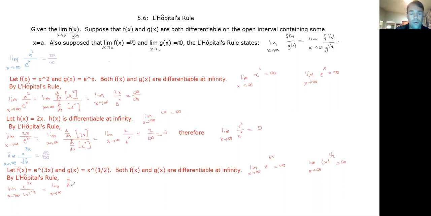You can kind of see why we couldn't learn L'Hopital's before. You kind of need to know your derivatives before you can actually do L'Hopital. So there's some of you guys are going, why didn't we just learn this at the beginning of the year? Well, you can't do it until you actually know how to take a derivative.